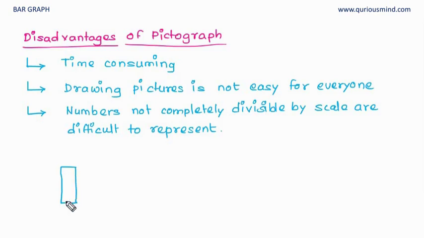And what we do is we keep the width of the bar same, but we increase or reduce the height of the bar to represent the number which you want to show. And this new method is called bar graph.